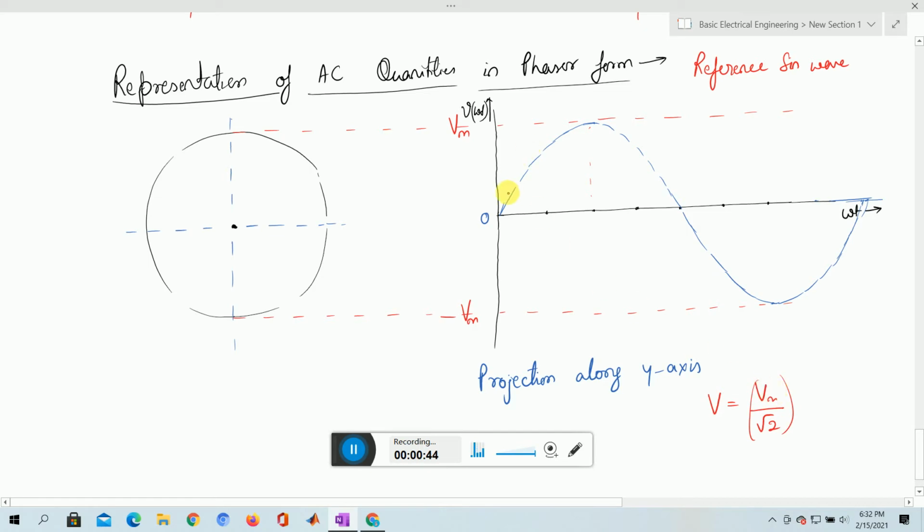Because this value is changing. The value of V of omega t is equal to Vm sine omega t. This V is changing and we are representing it by capital V's.